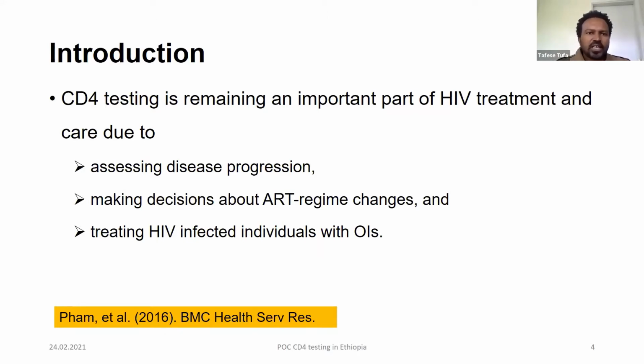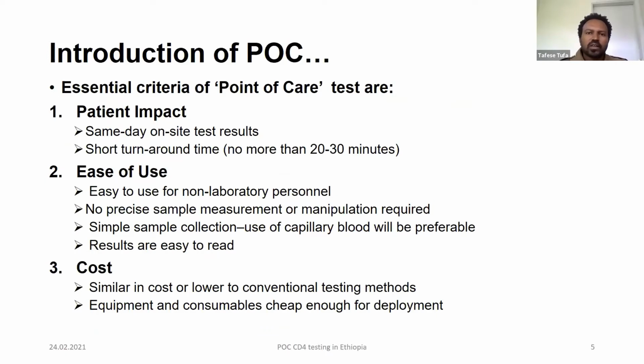There are essential criteria to define point-of-care tests, POC, focused on patient impact. The result has to be available the same day, at the same site, and within 30 minutes.